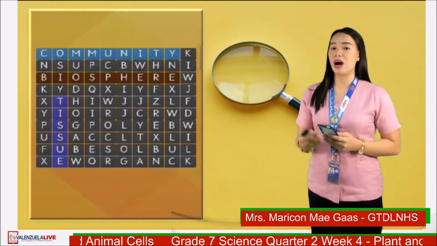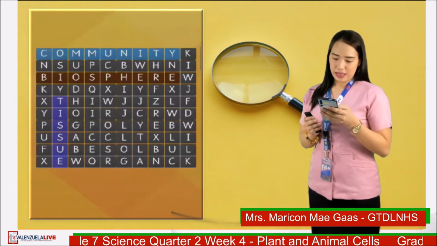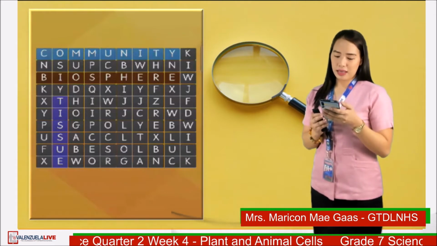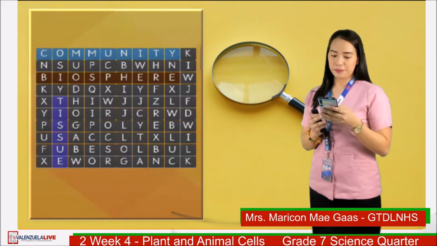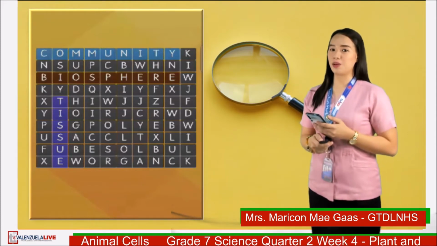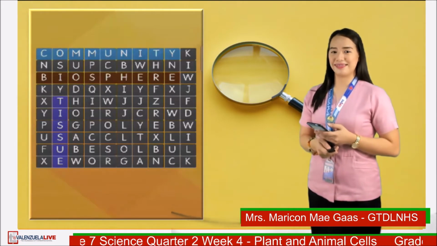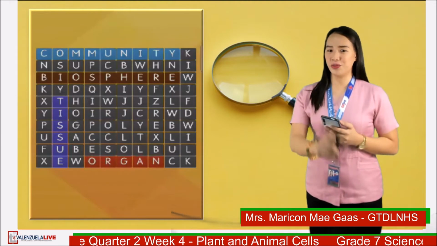Now, what could be our fourth word? Let us see. From our comment section, we have here organ. Let's find out if there's an organ in our word search. Very good.